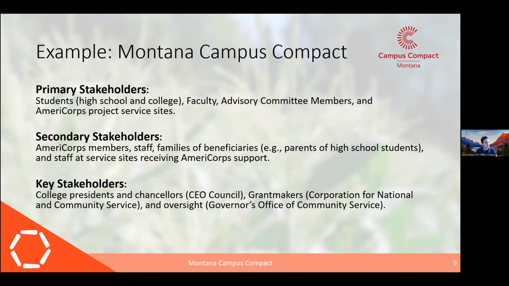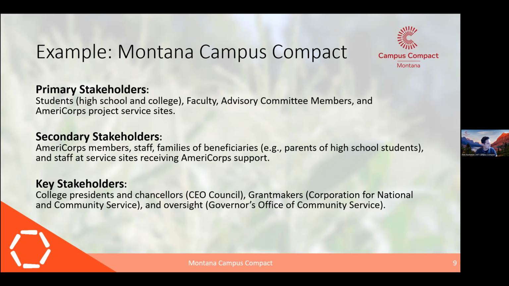So having faculty on board is incredibly important, and arguably within higher education, it's very much the thread that pulls everything together. As I talked to you before, advisory committee members are primary stakeholders as well. They're very much our boots on the ground, grassroots, and then AmeriCorps project sites.